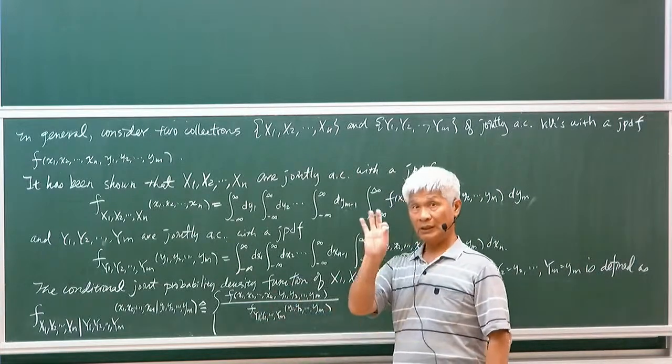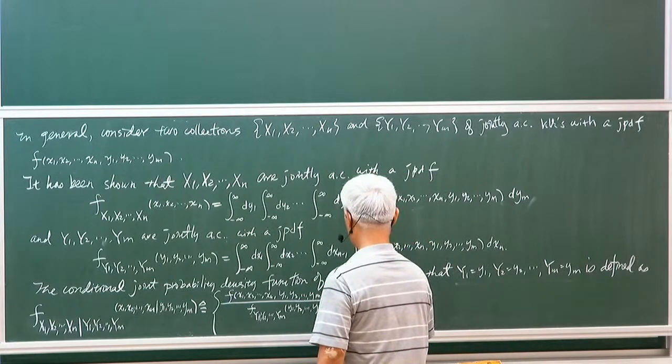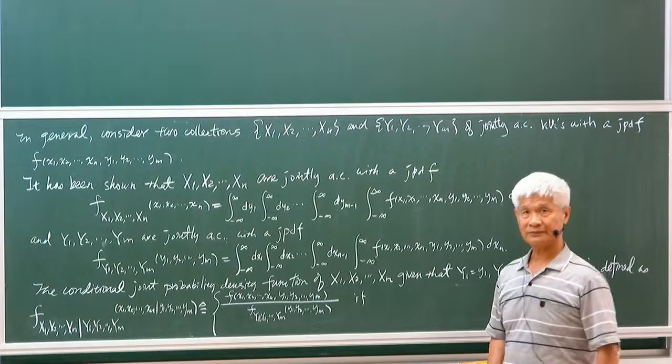So this is the marginal joint PDF. And this is the case if the denominator is positive.